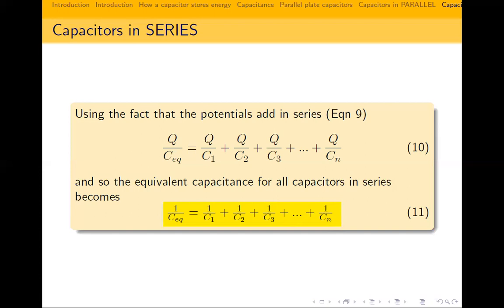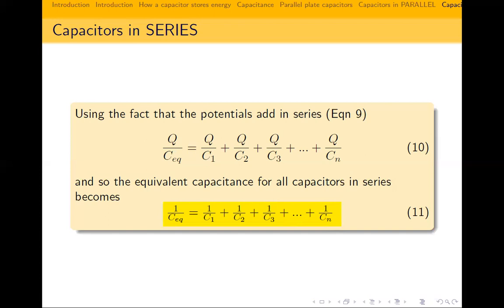So in series, 1 over the main capacitance will be equal to the sum of reciprocals of each individual capacitance.